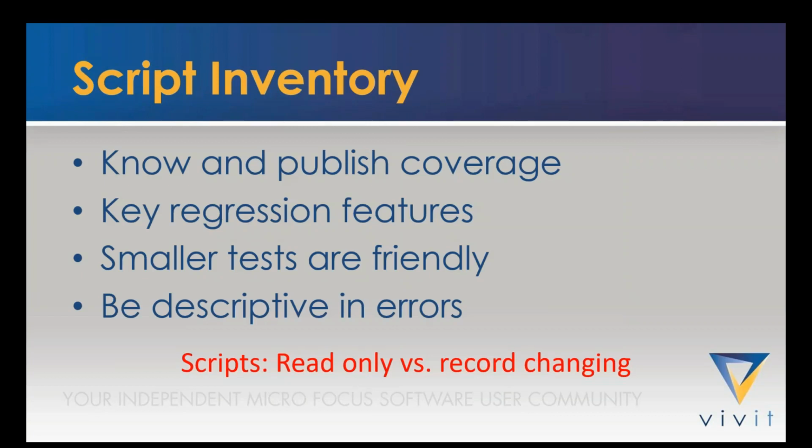So in terms of script inventory, I highly encourage that we publish our coverage. A lot of times when you're integrating with a process, whether it's DevOps, CI, or just working with the development team to test better in earlier environments, it's good to understand what your coverage capability is. You could go crazy and do all kinds of heat maps.